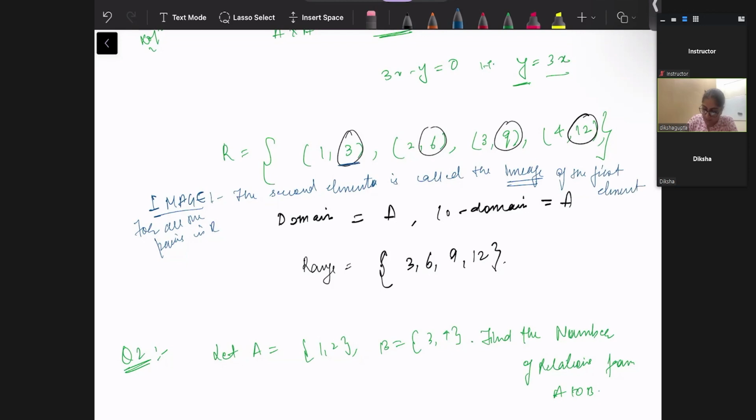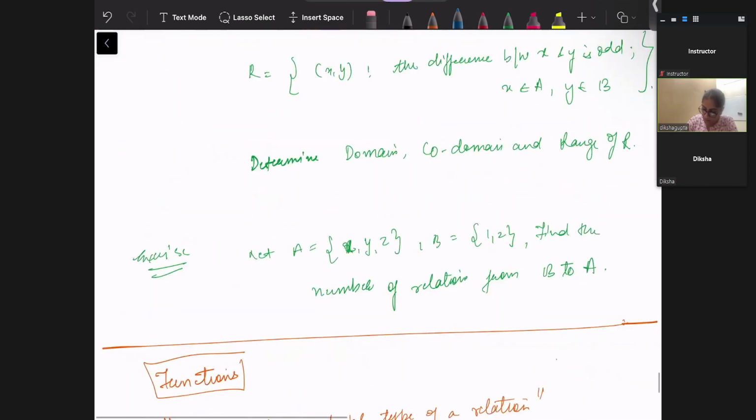Okay. So 3 is the image of 1, 2, 6 is the image of 2. So you see that this is some sort of a mapping, that this element is getting mapped here. So this is the image of this element, right? 9 is the image of 3, 12 is the image of 6.